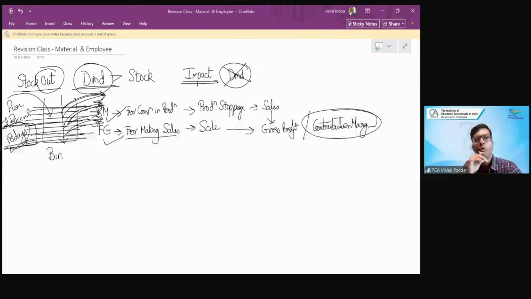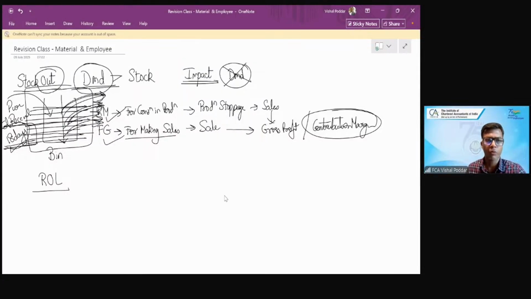Okay. Anurag Maharana is asking, sir, how to calculate safety stock? Anurag, I believe your question is with respect to the safety stock that we calculate in the calculation of reorder level. Firstly, what is reorder level? In this same example, I want to ensure that I should never be out of stock.